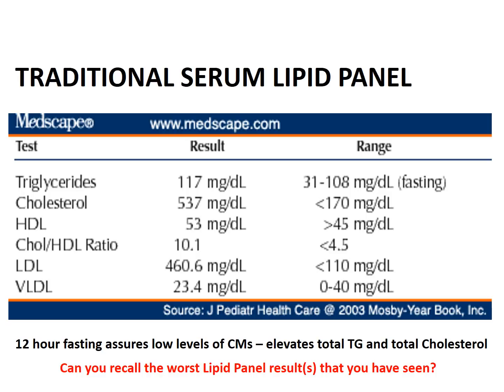You don't want to have chylomicrons in plasma because that's going to elevate your total triglyceride and elevate your total cholesterol levels. So best lipid panels are done after a 12-hour fast to minimize the amount of chylomicrons that are in there. We typically don't get chylomicrons in a traditional panel, right? We get total cholesterol, total triglyceride, HDL, LDL, and VLDL. This is like the basic traditional lipid panel.